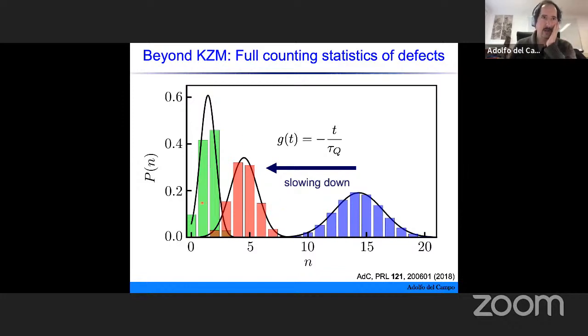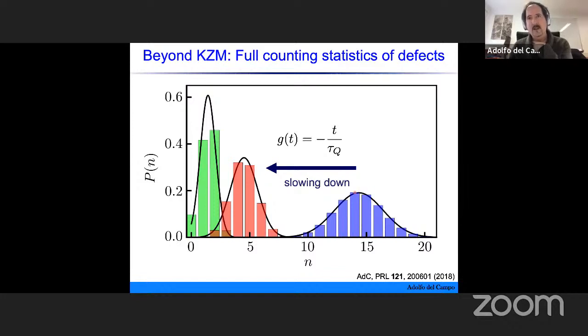And eventually, in the adiabatic limit, you start to have a non-zero fraction of perfect ground states with no excitations at all. So the distribution is no longer symmetric. The histogram is numerically exact.